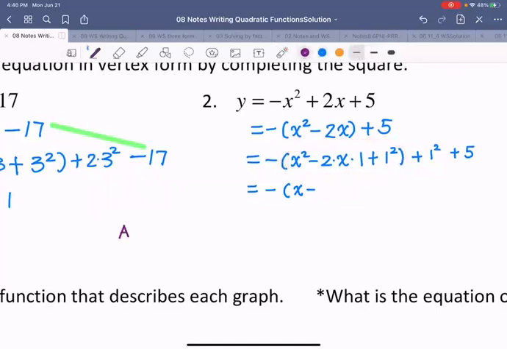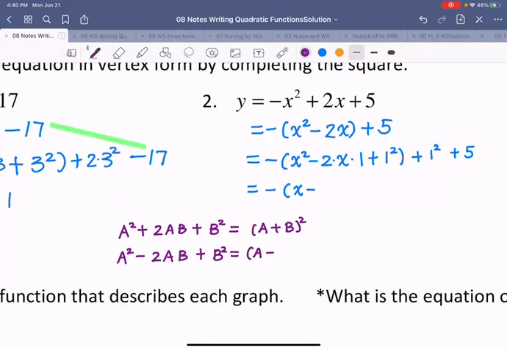We did this before, okay? a squared plus 2ab plus b squared equals a plus b, parentheses, squared. a squared minus 2ab plus b squared equals parentheses a minus b squared.